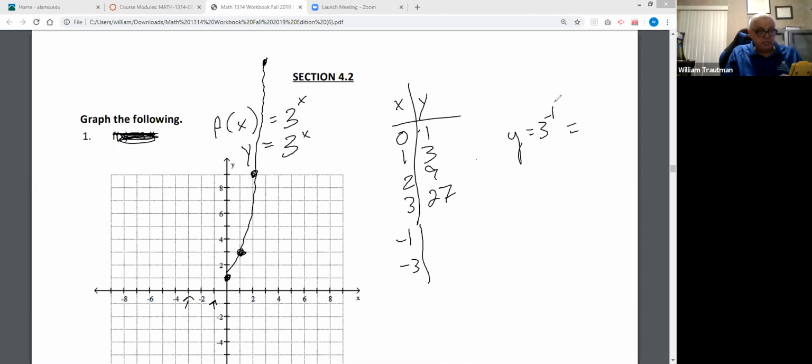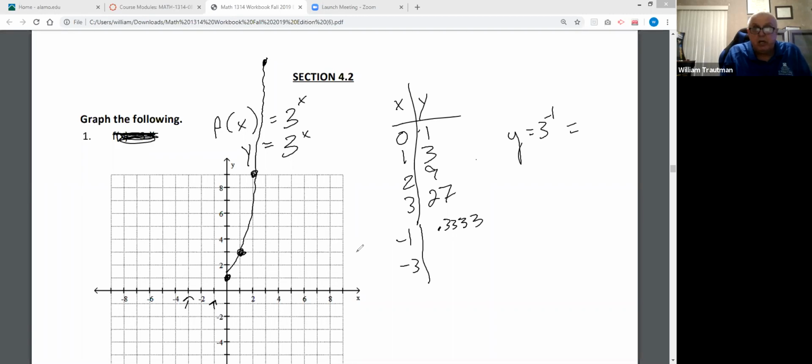Oh, I was in a different mode on my calculator. Okay, 3 raised to the -1 power, and you should get 0.33333.